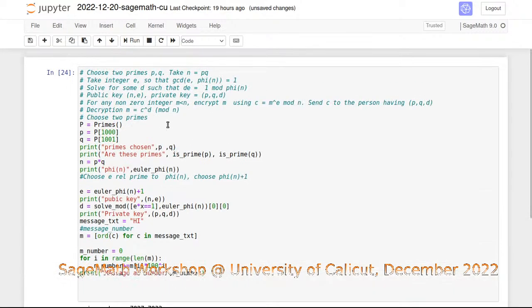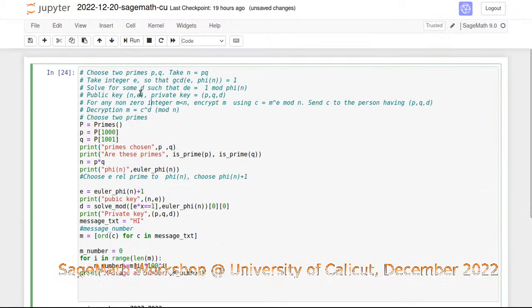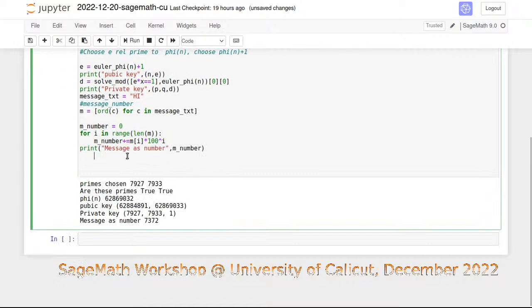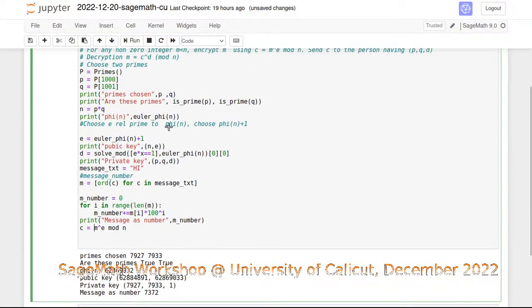So what is the next step? Once you have found this m, we have to take c congruent to m to the power e mod n. This is what we want. The encrypted message is here, C. What we are supposed to do is power mod.